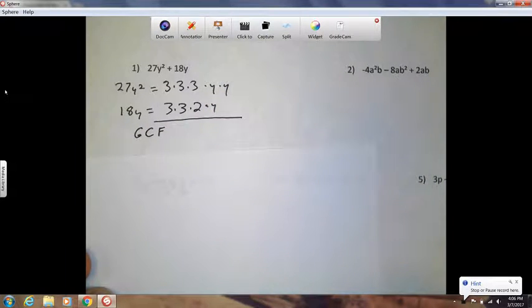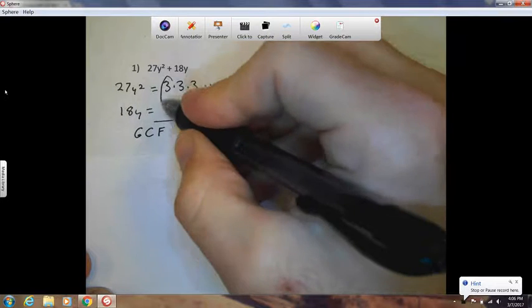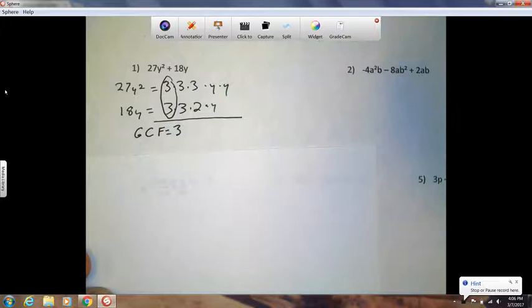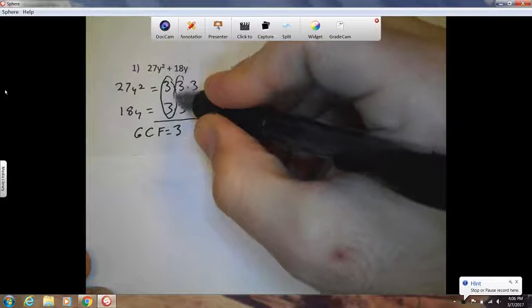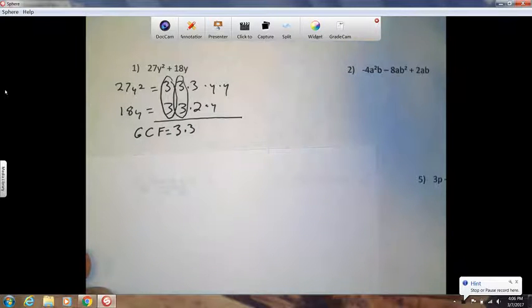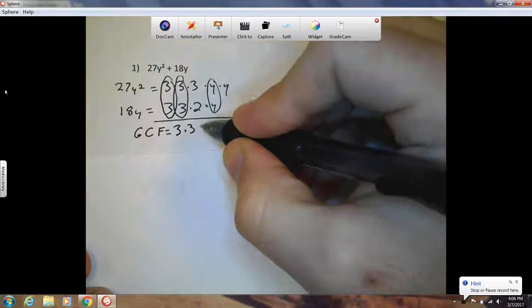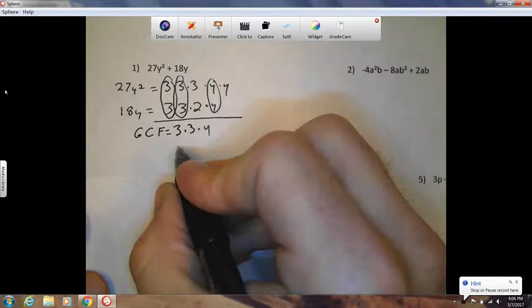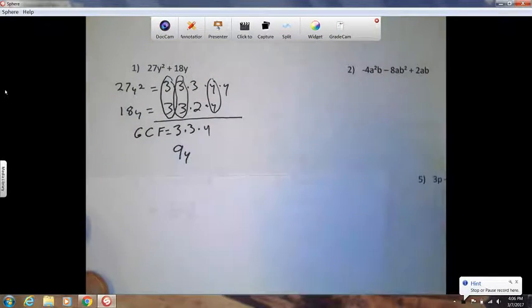Well, both of them have a 3, so there's a 3. Both of them also have another 3, and both of them have a y. So my greatest common factor is 9y. Once you find the greatest common factor, put it outside parentheses. That's maybe something you should write down in words.